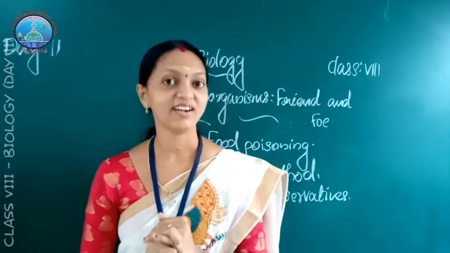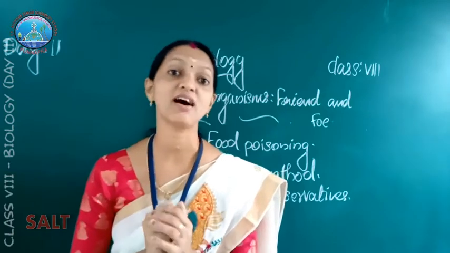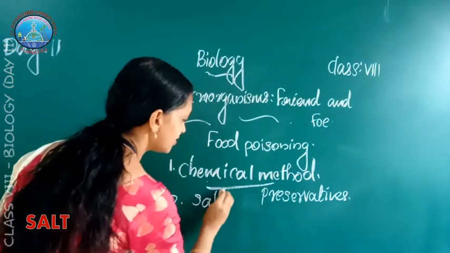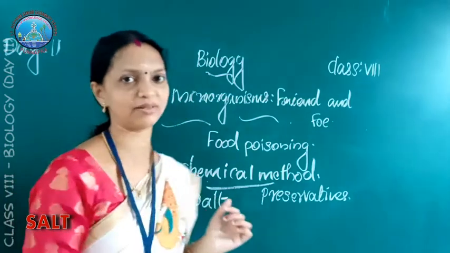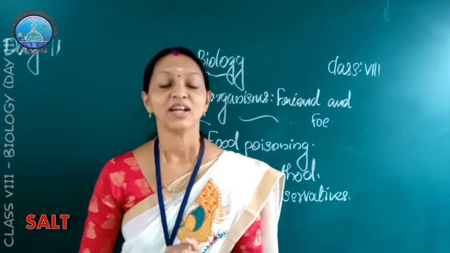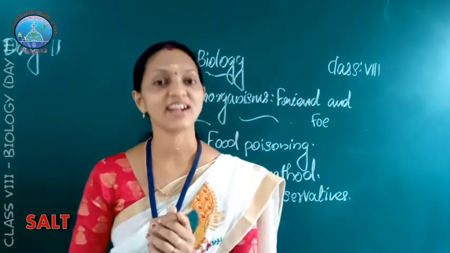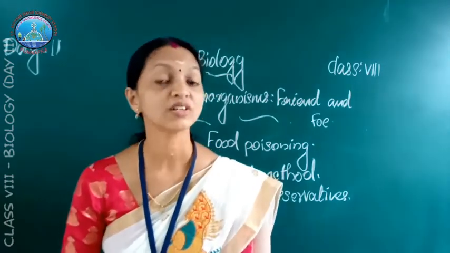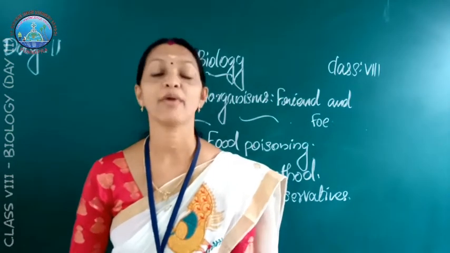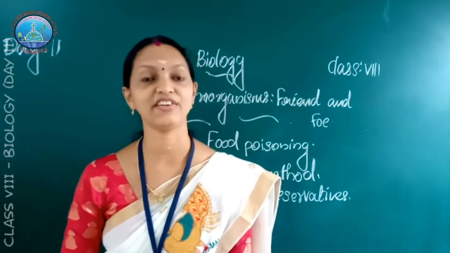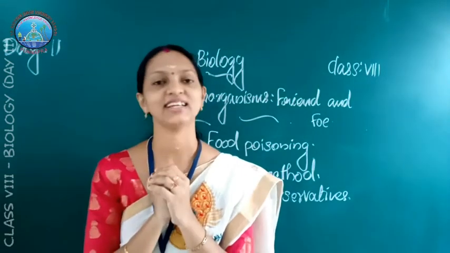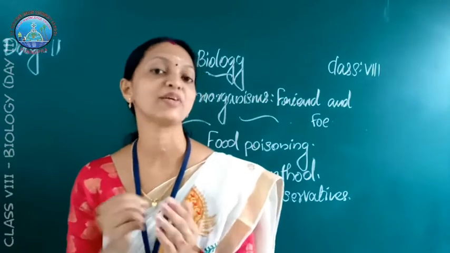The second one is preservation by common salt. Salt, sodium chloride. Meat and fish are covered with dry salt to check the growth of microorganisms and avoid their attack. This gives dry fish and dry meat.